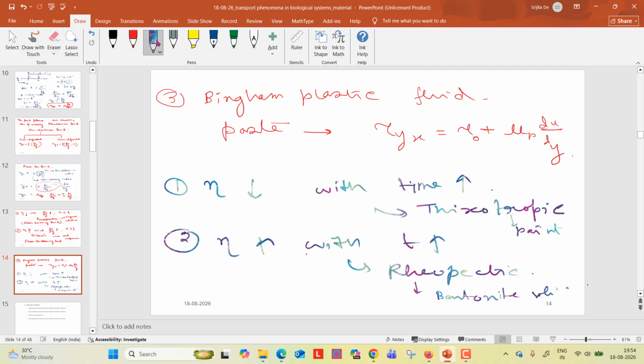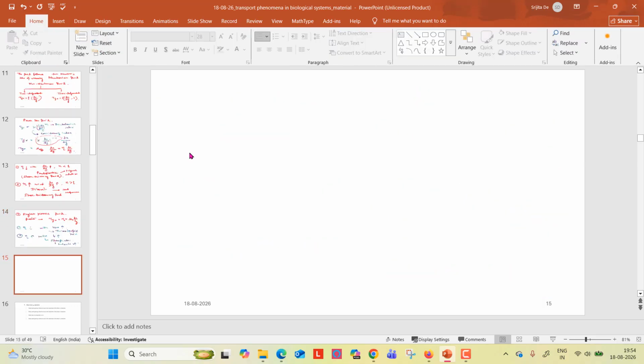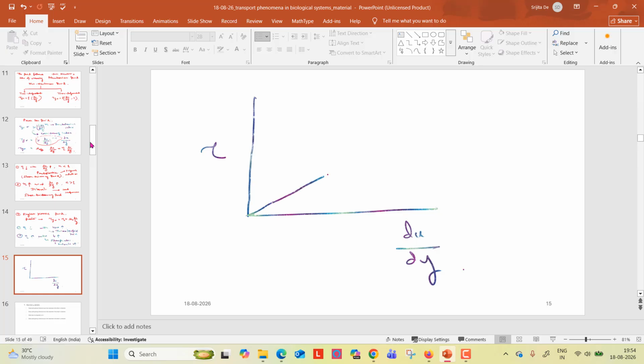And there is a curve. If you want to draw the stress versus velocity gradient curve, the line passing through the origin will be for Newtonian fluid, right?